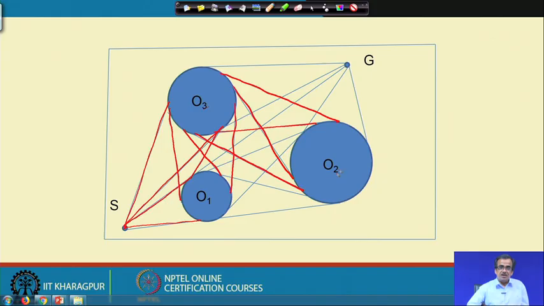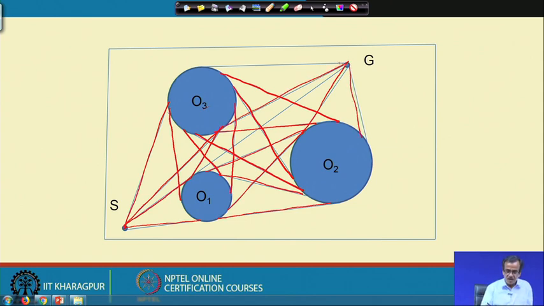Now, from here this obstacle O2, I can find out this type of tangent also between O1 and O2, then this is another tangent, okay. Then I can find out another tangent, okay. I can draw the tangent here, I can draw the tangent here. Similarly, this is another, and I can draw this type of tangent also.